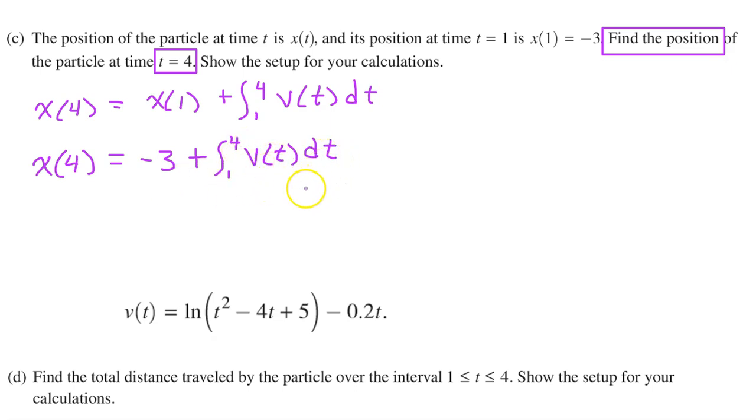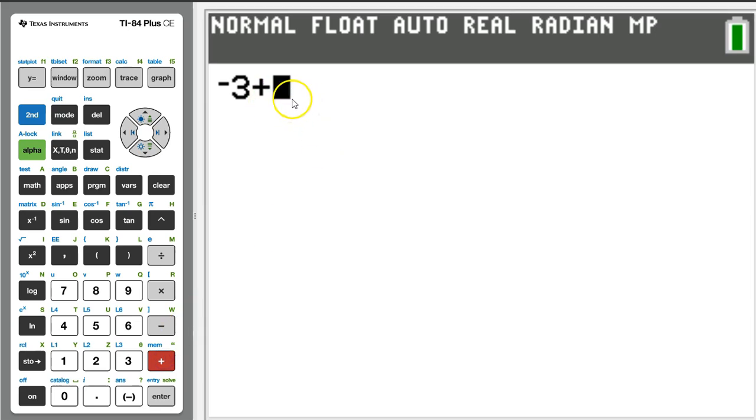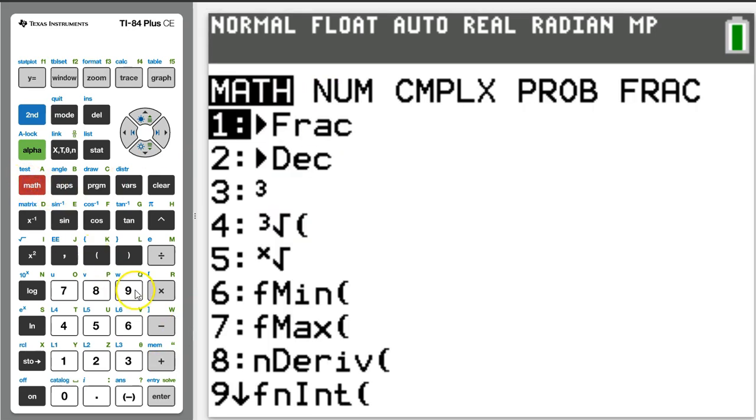You gotta love these calculator active problems. All we have to do is type this into the calculator. Don't forget that we entered velocity as y2. Okay, we need -3 plus. To make the integral show up, we do math and choose option 9.